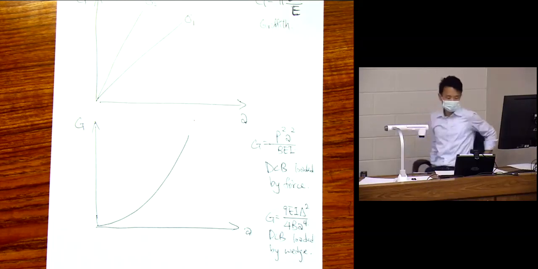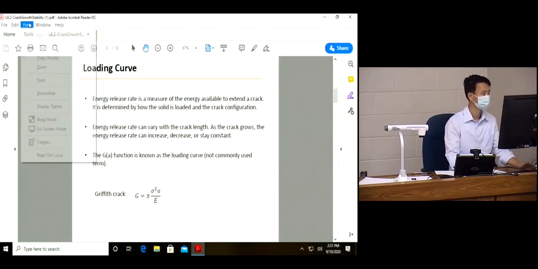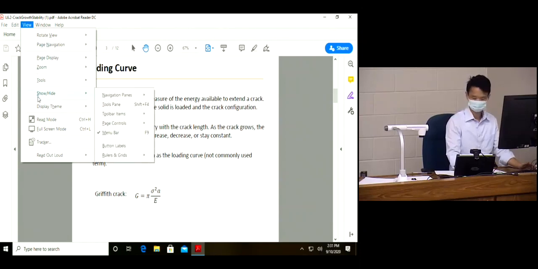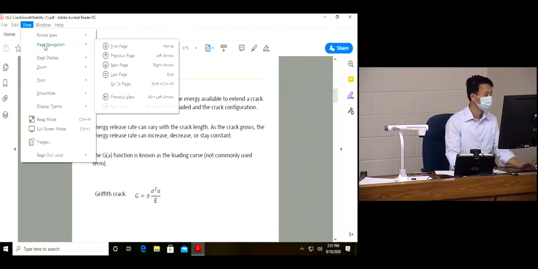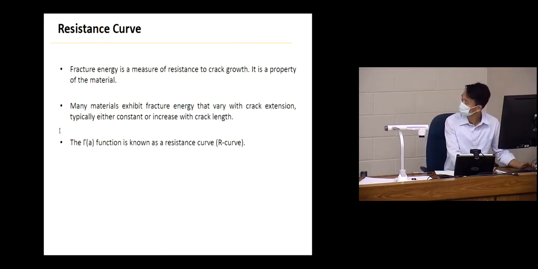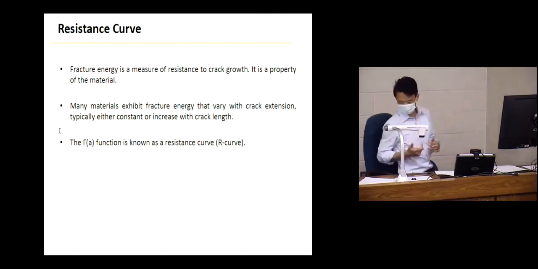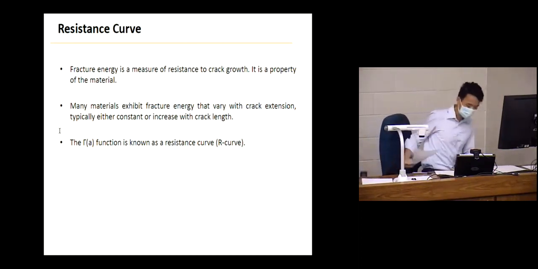Now I want to talk about the other part of crack stability, which has to do with the resistance curve. Now the resistance curve is the other part of the story, because it has to do with the material.